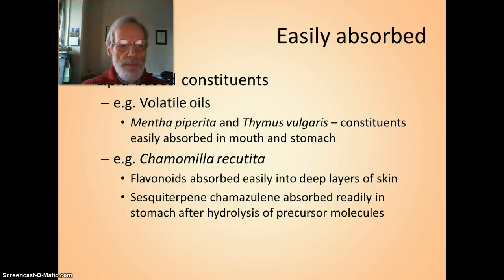In Chamomilla recutita, the flavonoids, antioxidant flavonoids, will be absorbed easily into deep layers of the skin, so they won't just sit on the surface, they'll penetrate right down into the deeper layers of the skin and have their soothing anti-inflammatory effect. The sesquiterpene chamazulene that you find in chamomile is absorbed readily in the stomach after hydrolysis of precursor molecules.